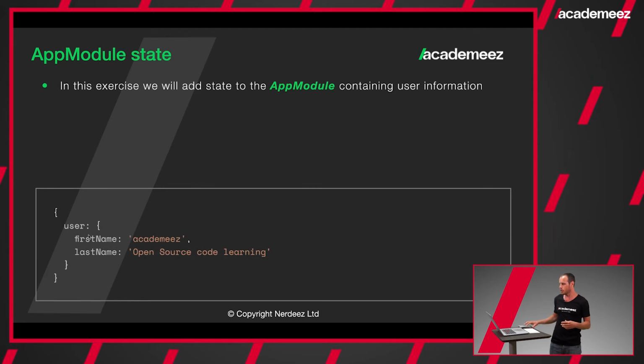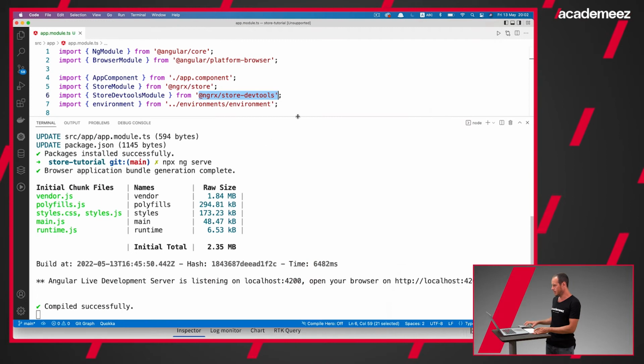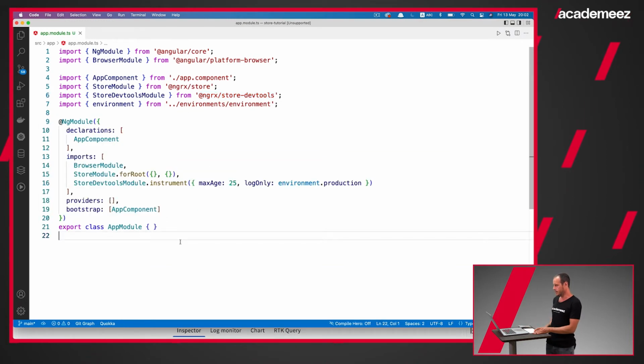The app module would want to add user information. So this is how we want our state to look. We want our state to contain a key of user and some data about that user, like his first name and last name. So let's go back to our IDE and let's load some data to our store.